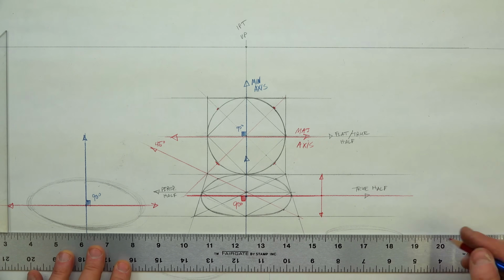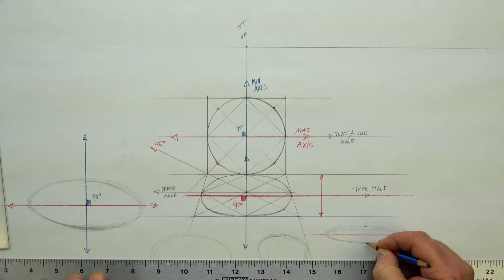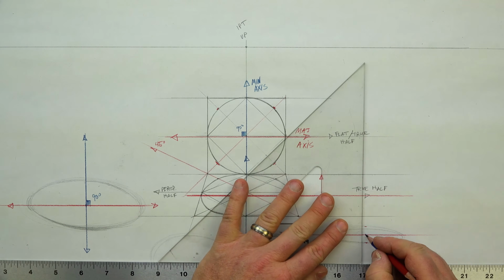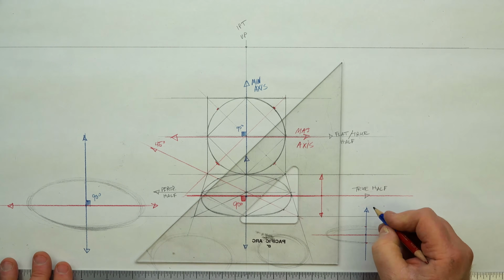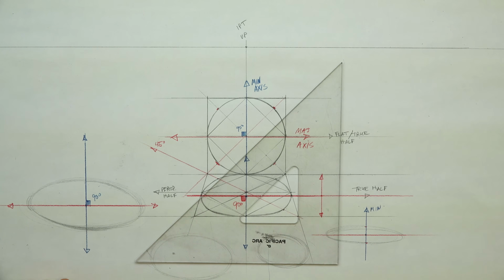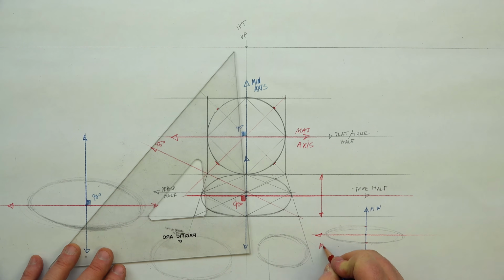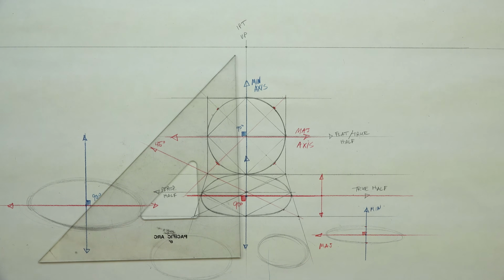The major axis is the true half, the true flat half, where this is equal to here, right? And then the minor axis is directly in the middle at 90 degrees, and in this case coming up, since these are not tilted. So minor axis there, minor, of course, and then major axis here, major, right, and then of course we're at 90 degrees here, and we can do this over here.